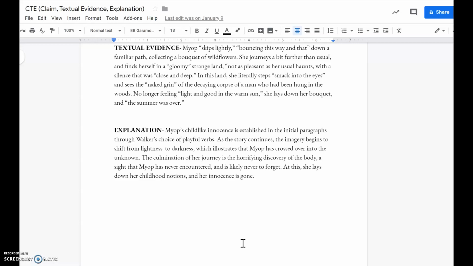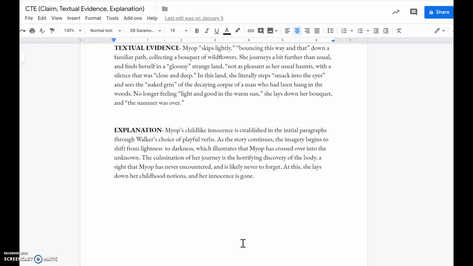So I've got that skip slightly, bouncing this way and that, playful choice of verbs. As the story continues, the imagery begins to shift from lightness to darkness, which illustrates that Myop has crossed over into the unknown. That's that gloomy, strange land that's not as pleasant as where she used to be. So I've got that shift, lightness to darkness.